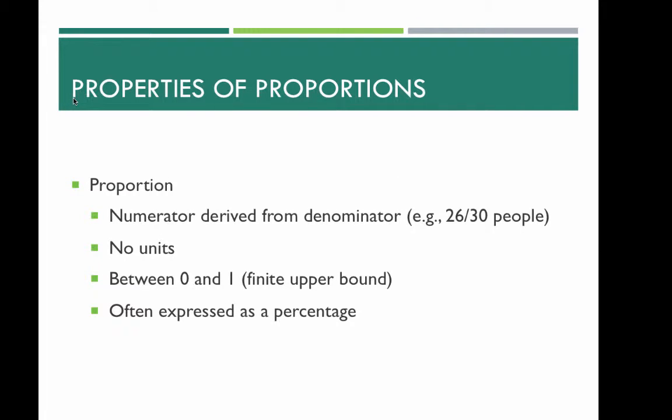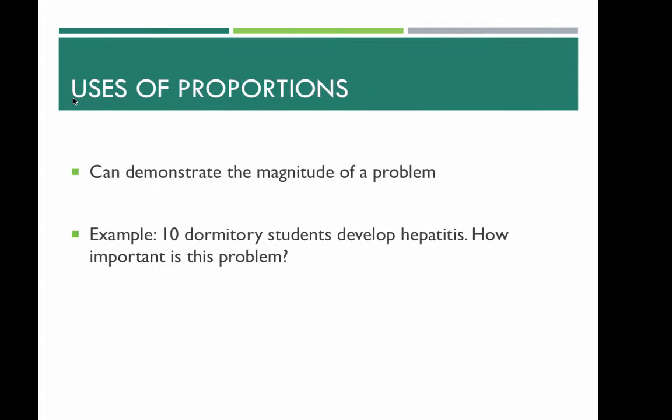So proportion, the numerator is a subset or part of the denominator, and it's typically written A over A plus B. There are no units to a proportion. It's always going to be between 0 and 1 and expressed as a percentage. So proportions are helpful if we want to demonstrate the magnitude of a problem.